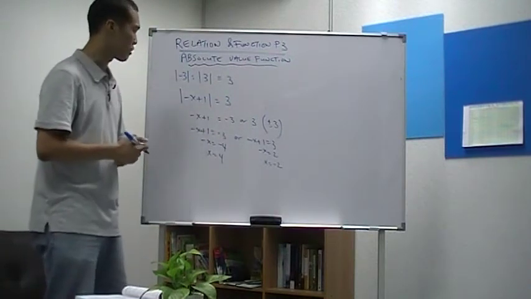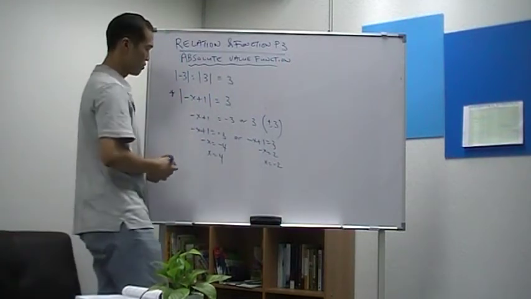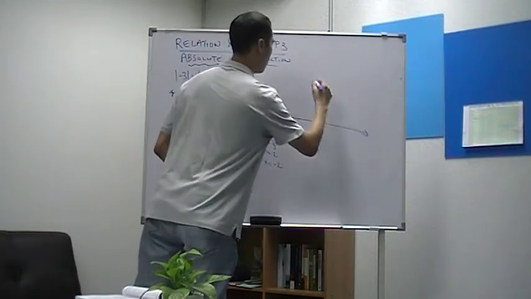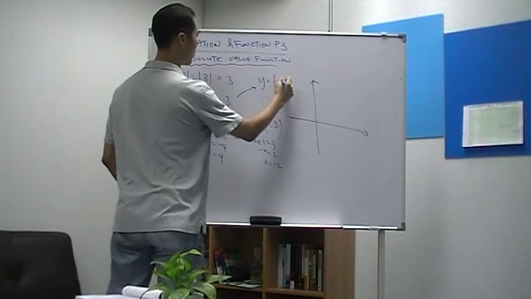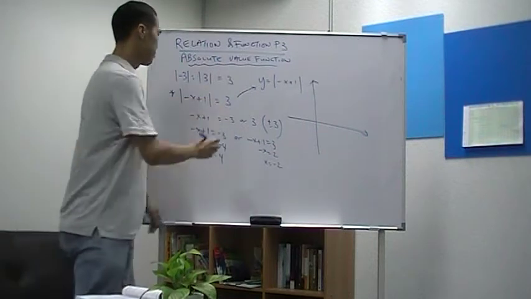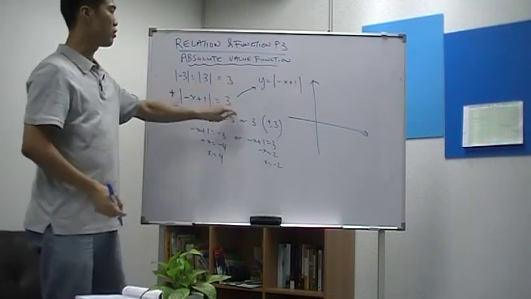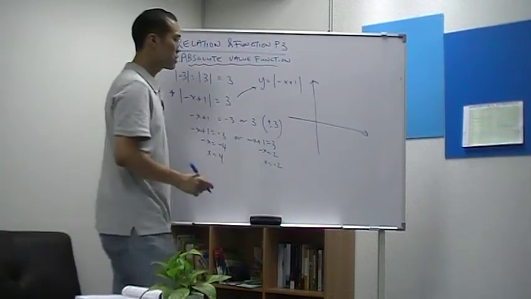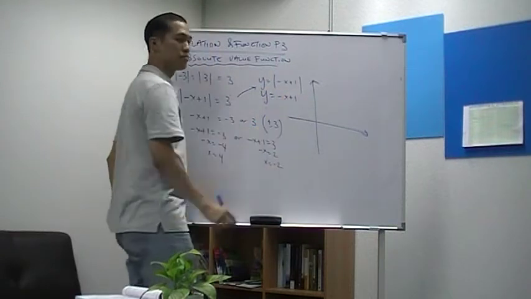Now when I draw the graph from here, how do I draw it? This is actually the graph of y equals the absolute value of negative x plus 1. And this is when y equals 3. Now, y equals negative absolute value of negative x plus 1, how do I draw this? You draw the graph of y equals negative x plus 1 first.